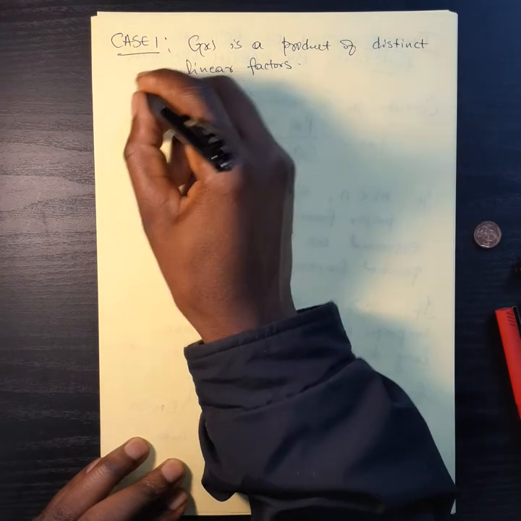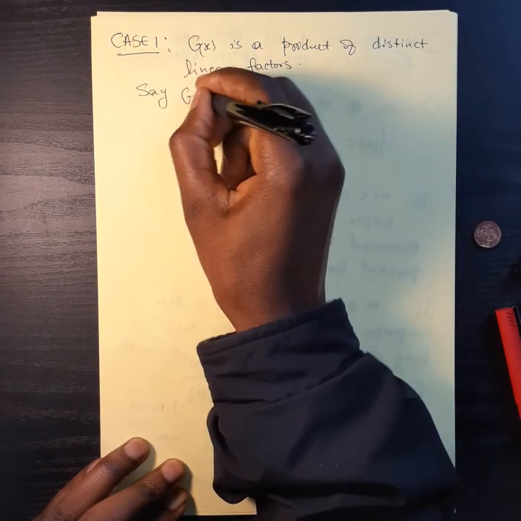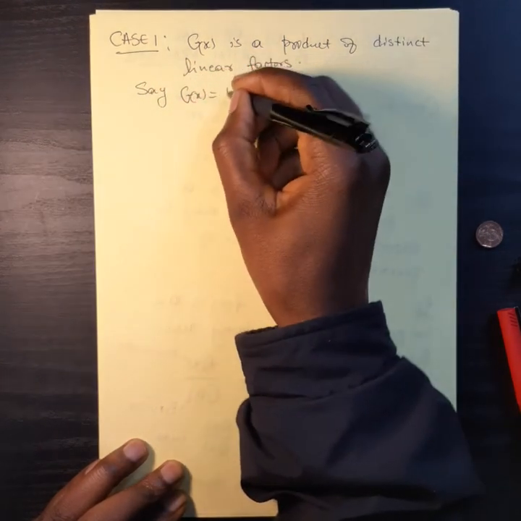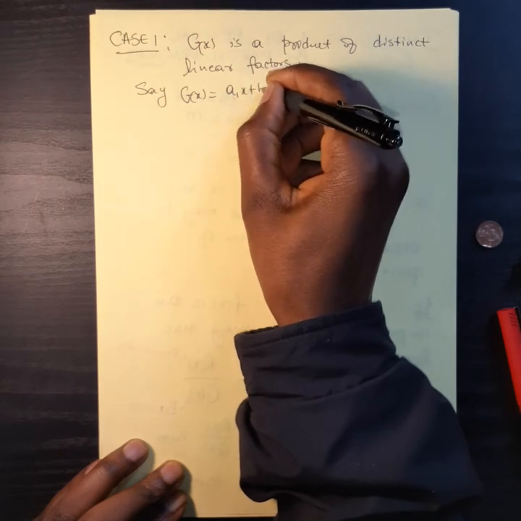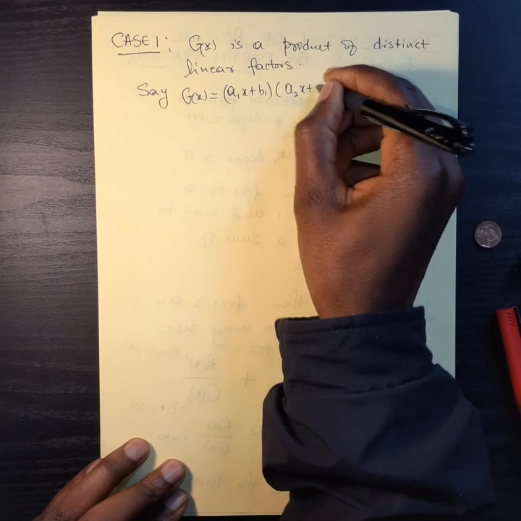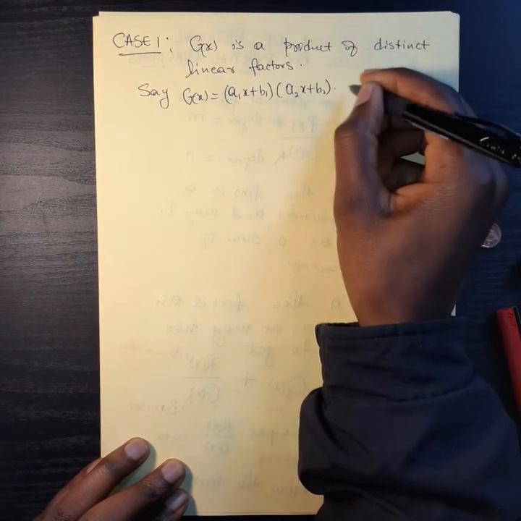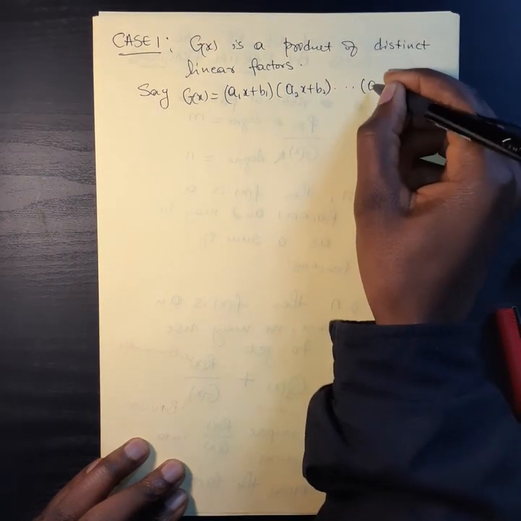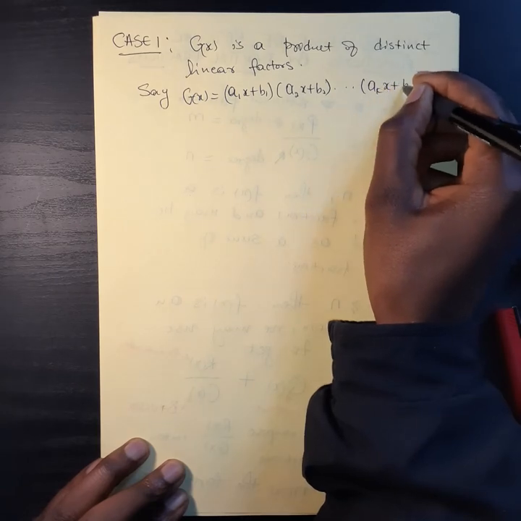So say, for instance, g of x can be factorized into a1x plus b1 times a2x plus b2 times, and so on, until akx plus bk.